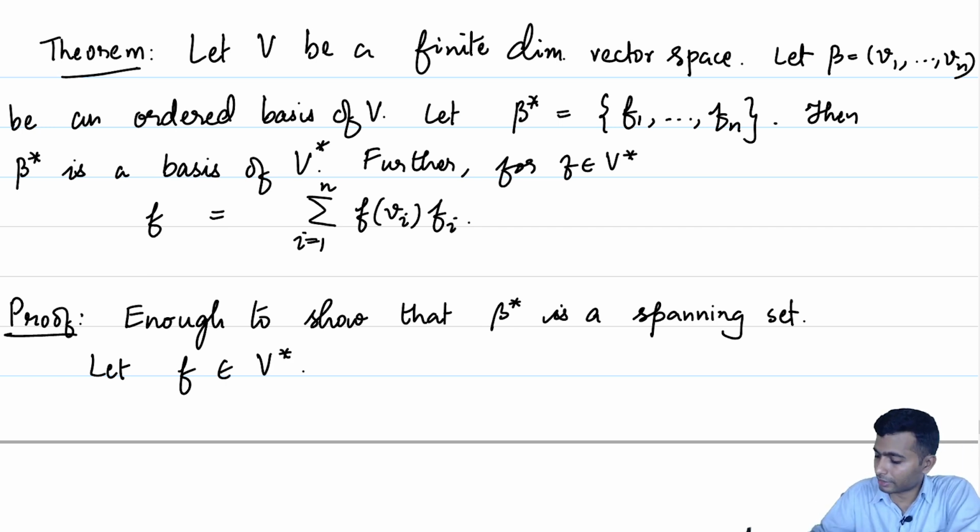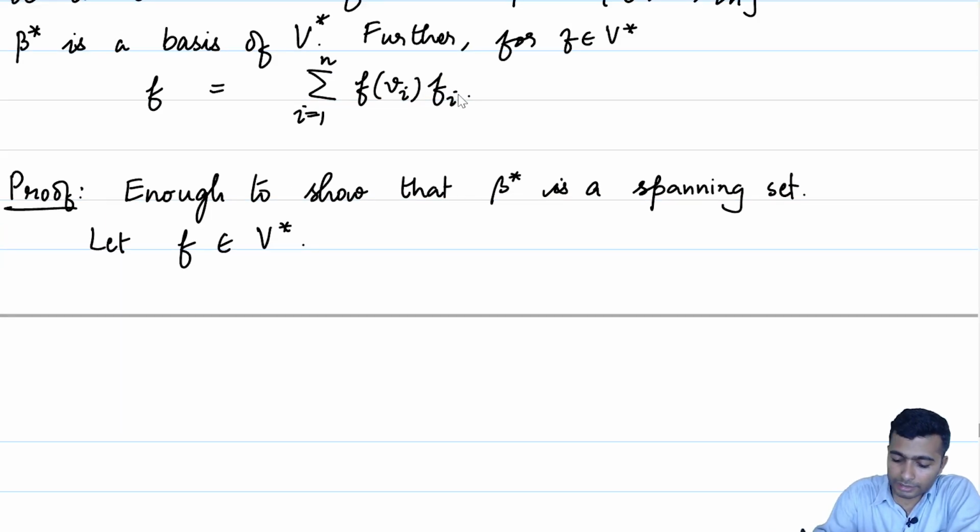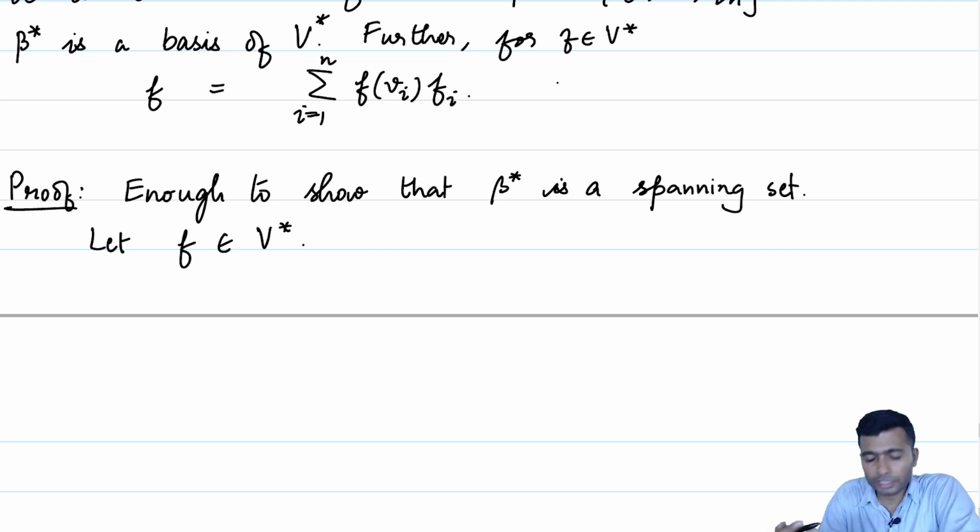Let us show that it is exactly this, but we do not know a priori whether the right hand side is equal to f, is not it. So, let us say that this right hand side is some element g in V star, and we will show that g and f are equal on every element of V. So, that is the strategy.